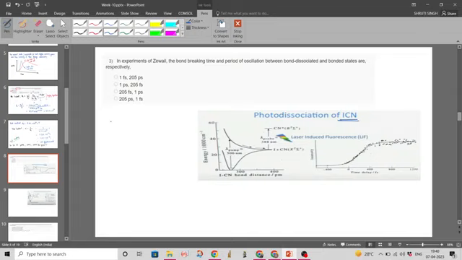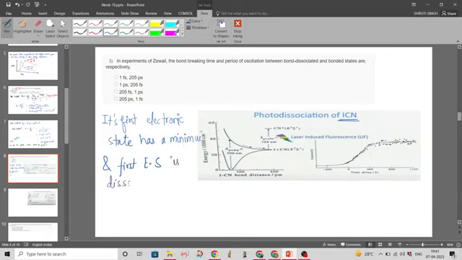So it was chosen because its first electronic state has a minimum, and the first excited state is dissociative. So it was easier for them to carry out the experiment.